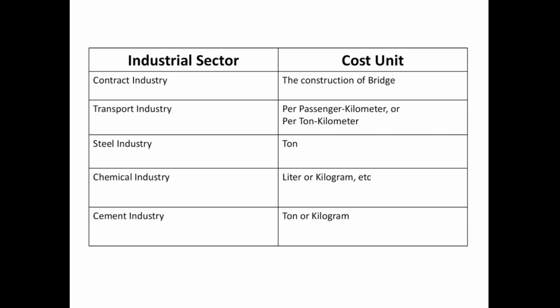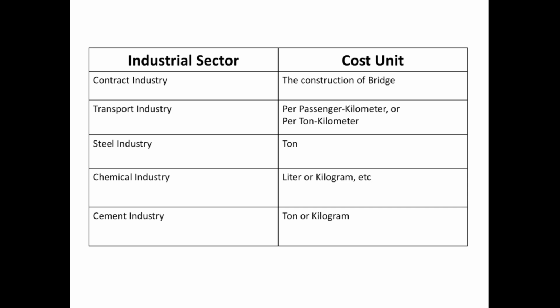In the contract industry, take the construction of a bridge, for example. A particular company deals in the construction of bridges and buildings. The cost unit will be one building constructed, the construction of one bridge, and the percentage of completion.